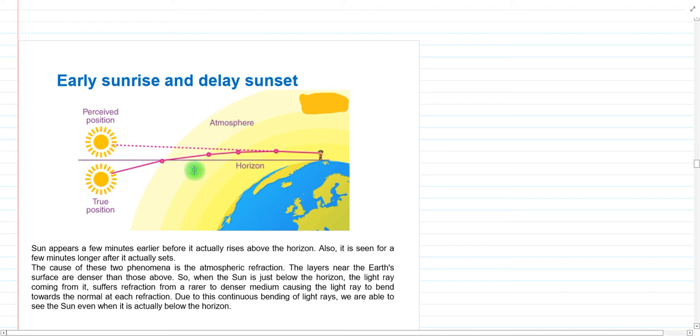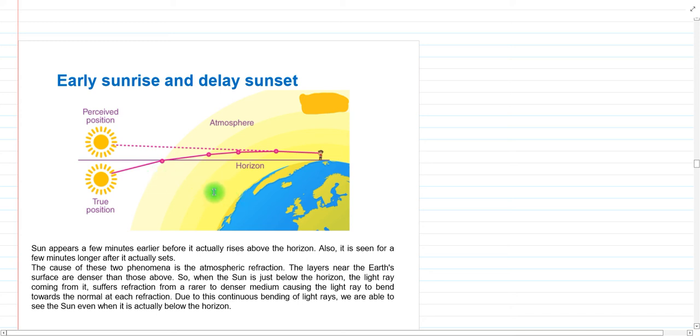Okay, so in the morning and in the evening, when the sun is below the horizon, horizon means if we draw a tangent on the earth's surface, then this line is called the horizon. Okay, when the sun is below the horizon, in this picture you see these are atmospheric layers.